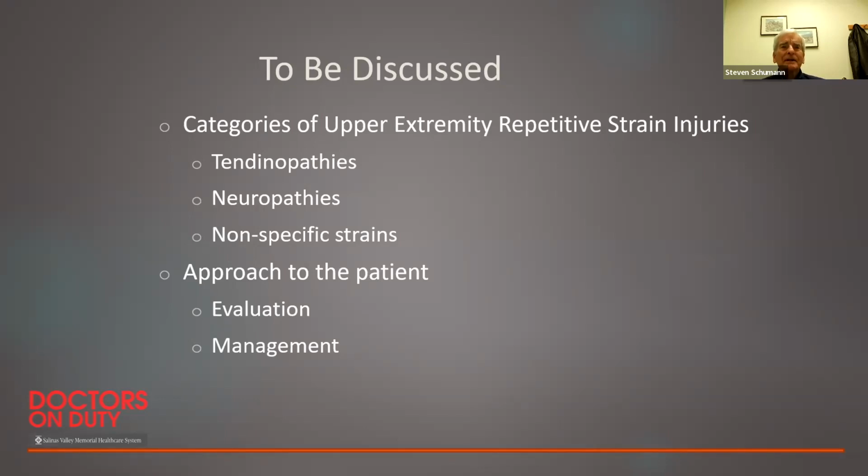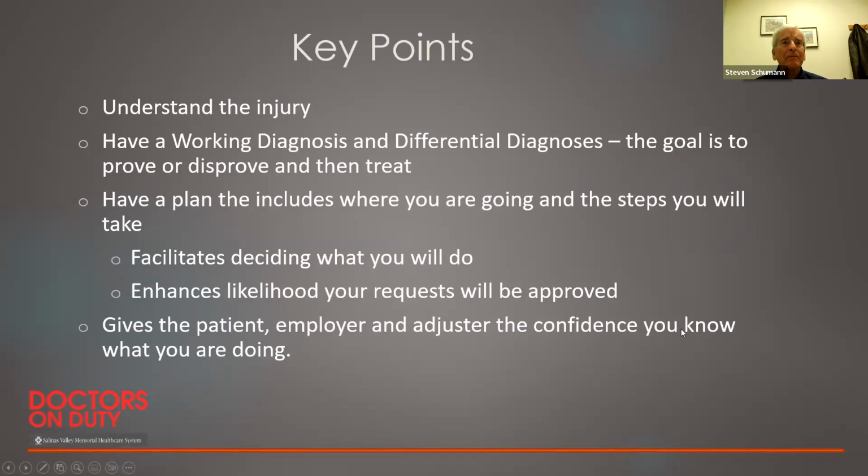And then what, in my experience, is often the largest or a significant group is non-specific straining injuries that folks have when they come into the clinic. So these are what we're going to talk about. And then I'd like to discuss how we go about evaluating these and what the organized, structured management is for trying to resolve the problem.